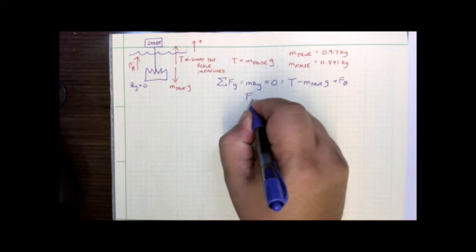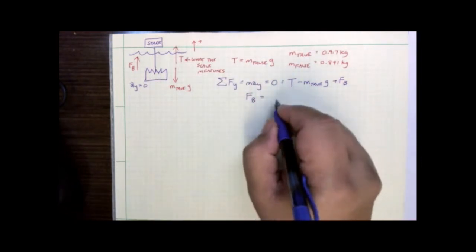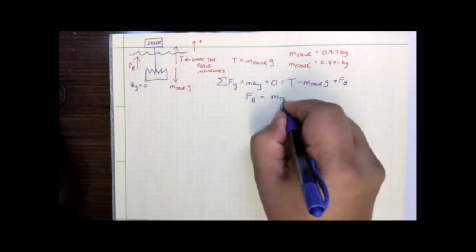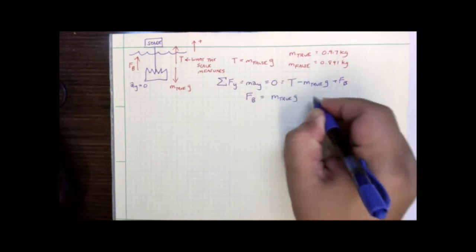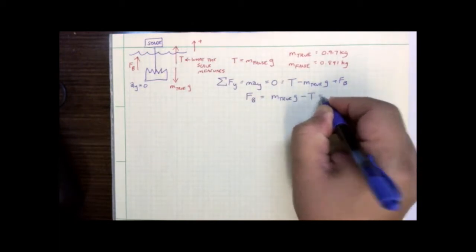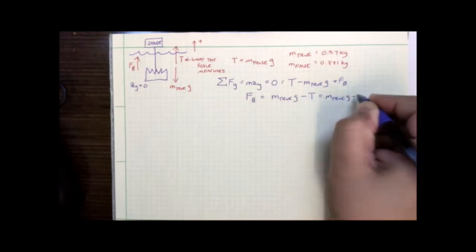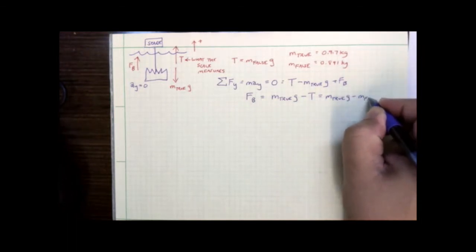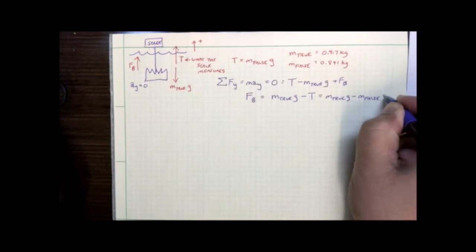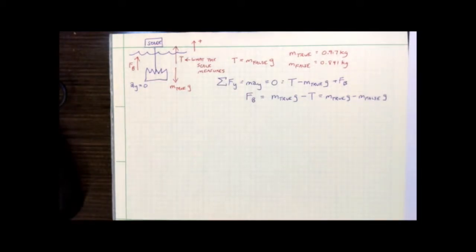Solving this equation for the buoyant force, we get that the buoyant force is the true mass times g, the true weight, minus the tension force, which, remember, can be thought of as a false weight. So it is the false mass times g.